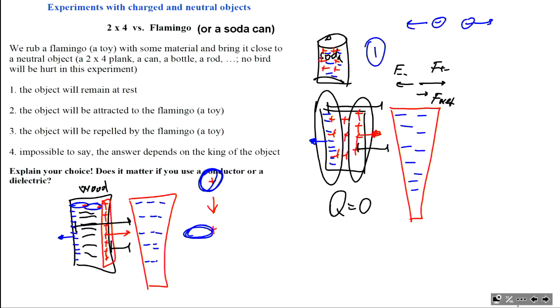And again, we can see attraction. The most important takeaway from this is when we see attraction, it does not necessarily mean both objects are charged. Attraction might mean two things. Number one, they have opposite polarity, plus and minus. Or number two, one is charged, second is neutral.